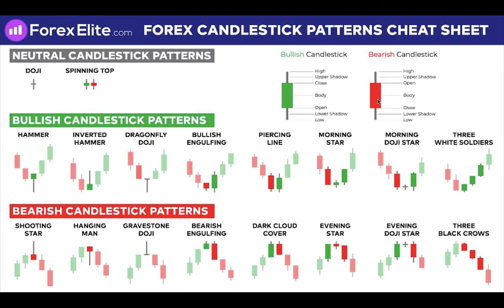So if it's a pair that is rising, coming from below going up, it would be a bullish pair. If it is a currency pair that is falling, coming from high going low, it will be a bearish pair.